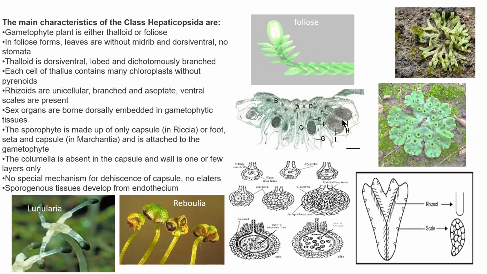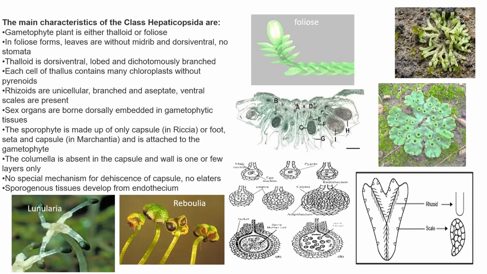The sporogenous tissue is where the spores are produced. It gives rise to spore mother cells, and each spore mother cell undergoes meiotic division to give rise to spore tetrads. Each spore mother cell gives rise to 4 spores attached to each other, so they are called tetrads. That is the common aspect in liverworts.